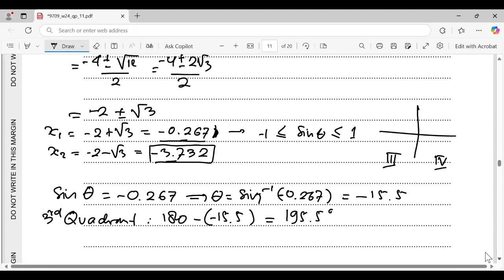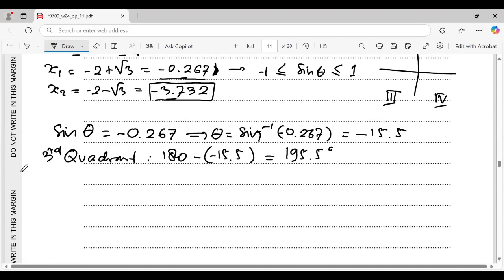Now on the fourth quadrant, 360 minus 15.5, or plus minus 15.5, and it is minus, because 360 degrees.